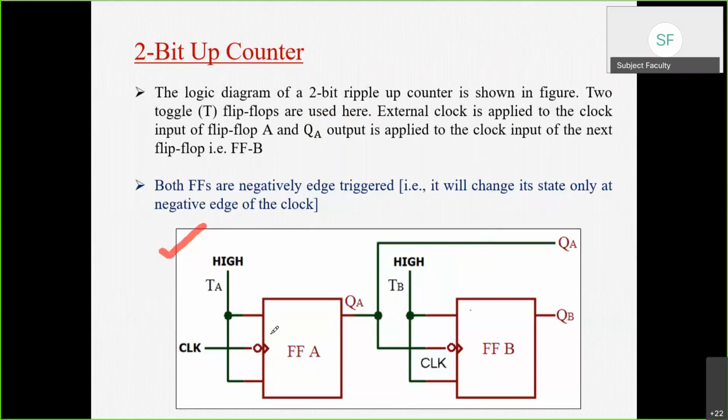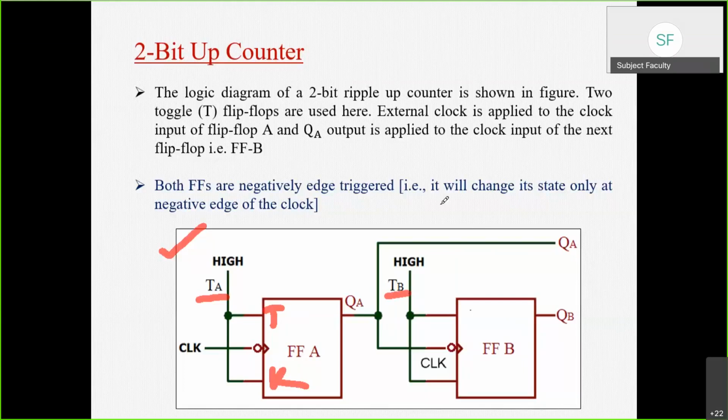Its input was actually J and K internally. So a T flip-flop is nothing but what we are doing: connecting J and K together. You can observe here J and K are connected together and one common input is drawn, that is the T input. Since it is flip-flop A, we have termed it as T suffix A. Similarly here it is flip-flop B, so it is denoted as T suffix B.